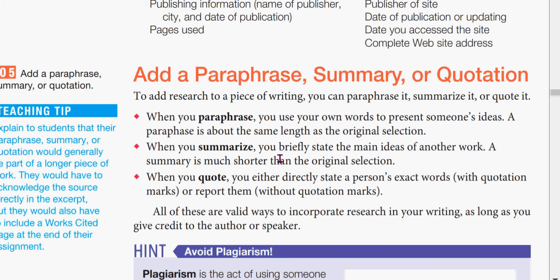Summaries are shorter, only main ideas. So you're skipping a lot of details. A lot of research papers start with summaries to give general background information. Then they move on to paraphrases, but when they really want to make a strong point and they really believe that the language itself is special, they'll put in a quote.